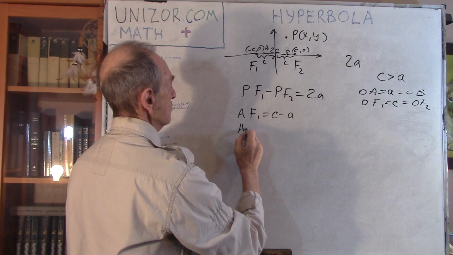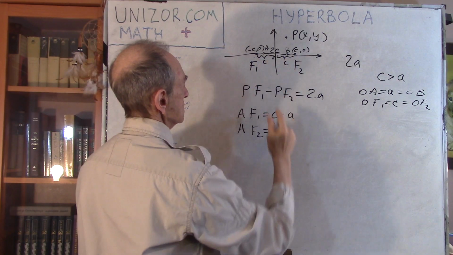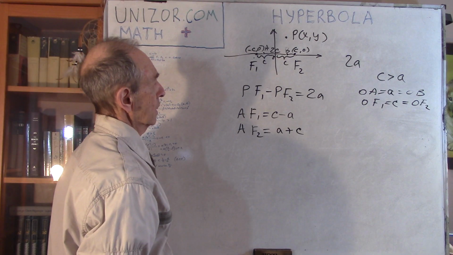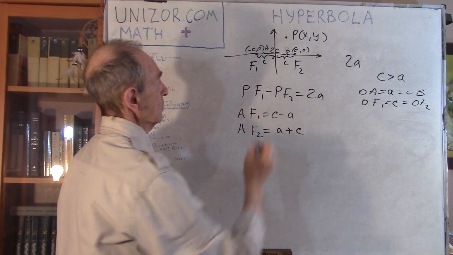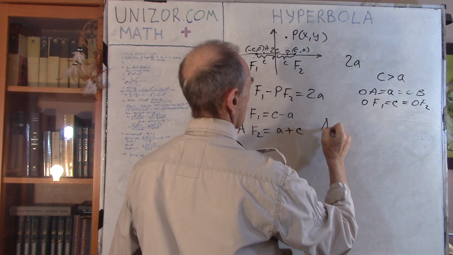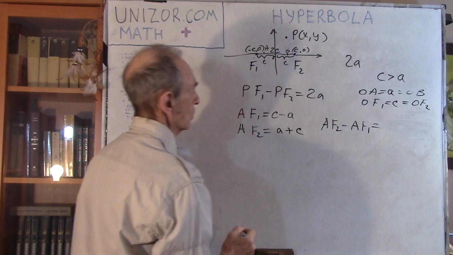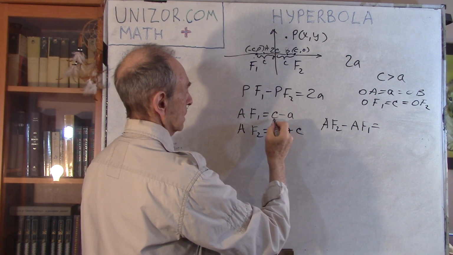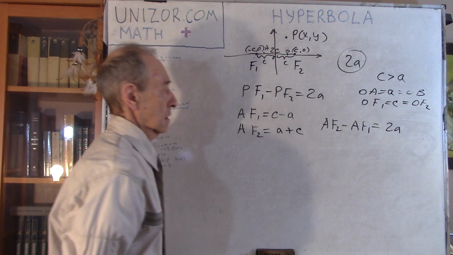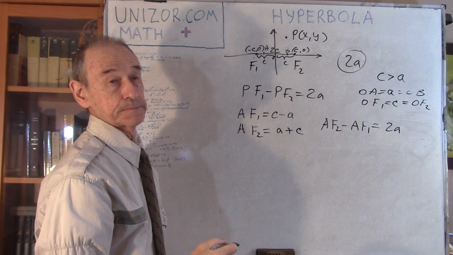From the same point A to F2, the distance would be a plus c. So the difference between them, the bigger one being AF2, AF2 minus AF1, is equal to a plus c minus c plus a, so it's 2a. So point A lies on the hyperbola.